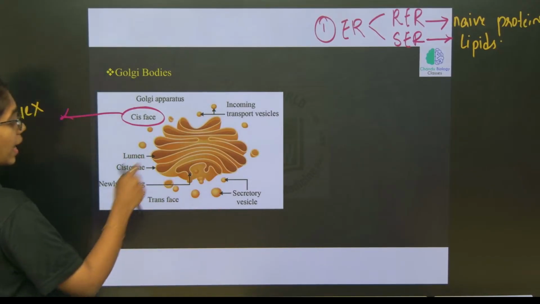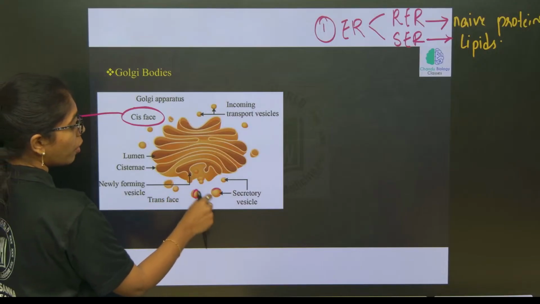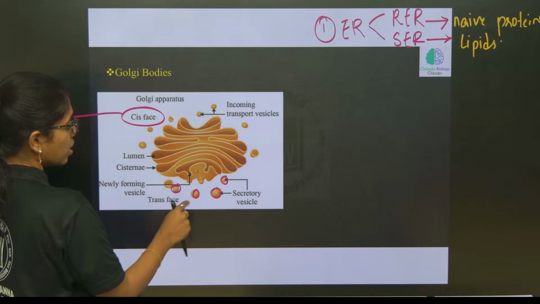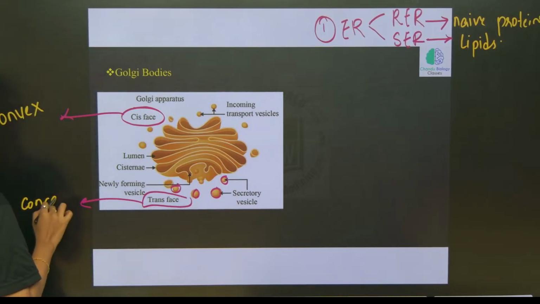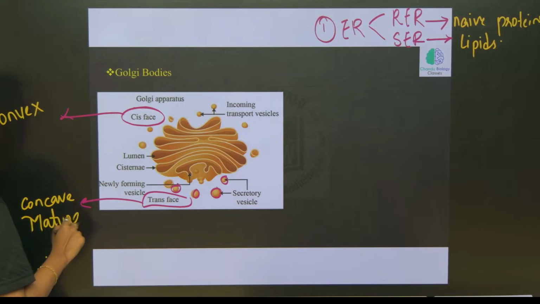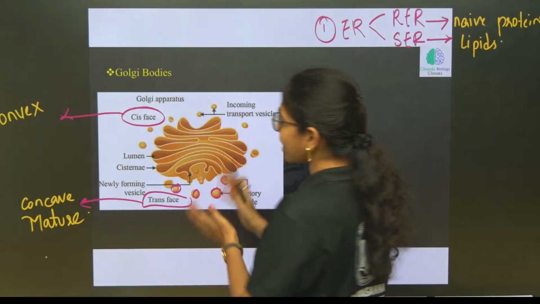They are released out in the form of small secretory vesicles from the trans phase, or concave phase, or mature phase of the Golgi.